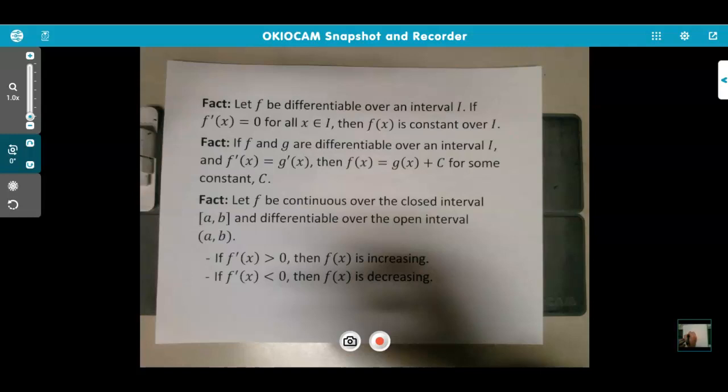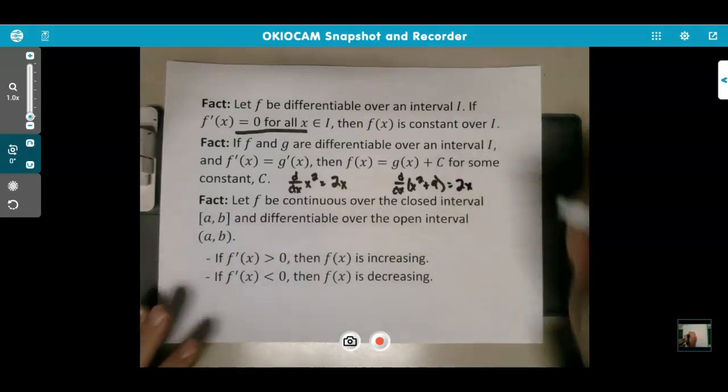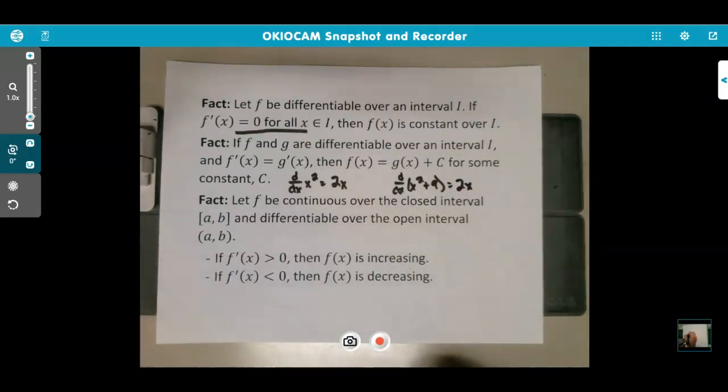But think about what the derivative of x squared plus 9 is. Well, from the x squared part, I get 2x, and then I know that the derivative of 9 is equal to 0, right?